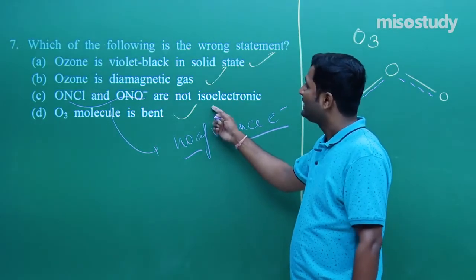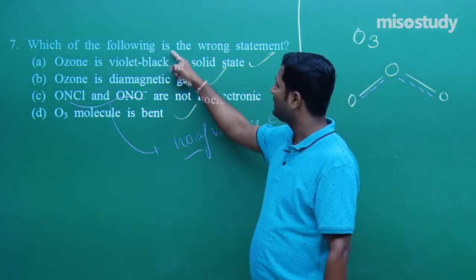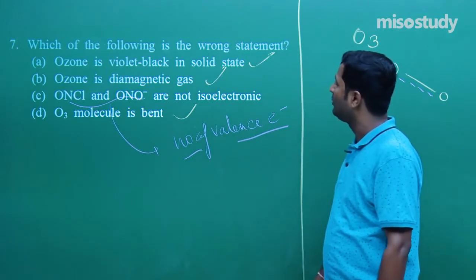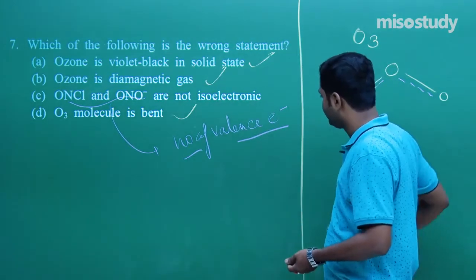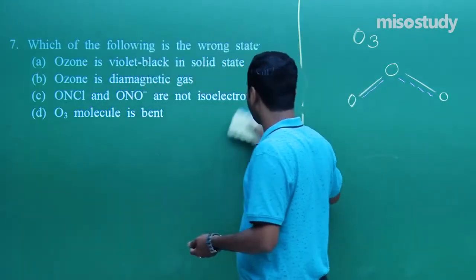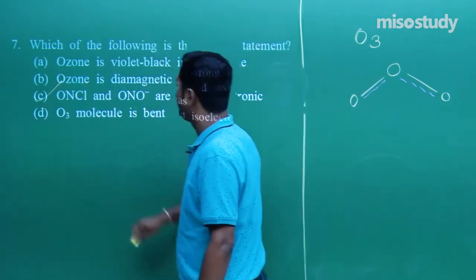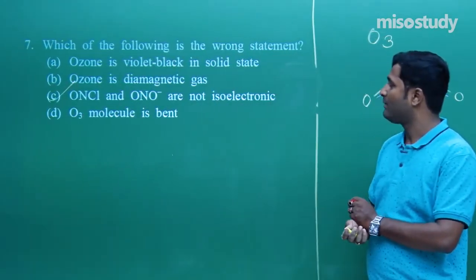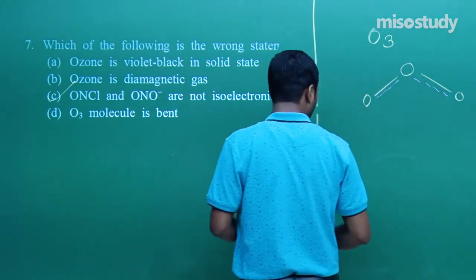So this is not a correct statement, and according to the question, which of the following is the wrong statement? So we can say for this question that C is the correct option. That is, ONCl and ONO minus are not isoelectronic. Clear to you? Now friend, one more thing.